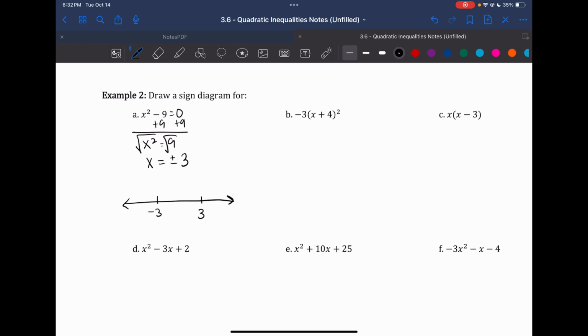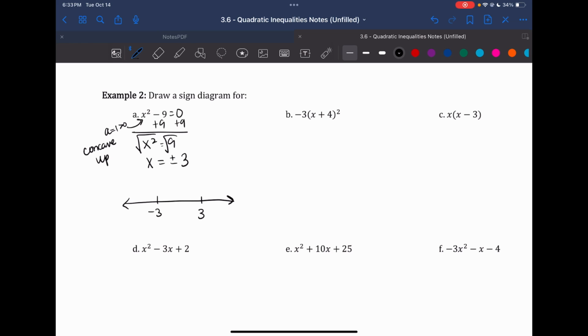Now I very well could graph this. However, I don't need to, because I know that the value in front of my x squared is equal to 1. So that is bigger than 0, so I know it is concave up. And again, that just means pointing up.